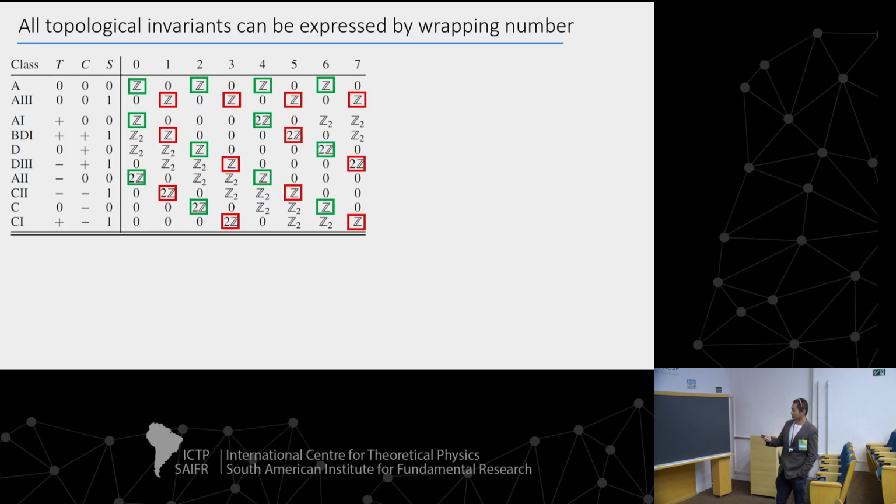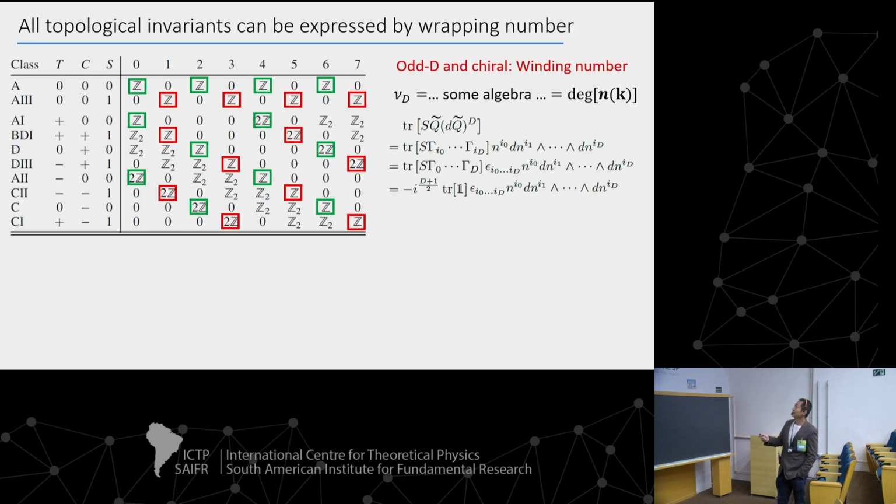So why do we claim that this is really universal? Because you can prove that in odd dimensions with chiral symmetry, these winding numbers are exactly equal to our degree of the map. The reason is very simple: the derivatives of this spectrally flattened Hamiltonian, if you take a trace of them, are nothing but a trace of all the Dirac matrices multiplied together.